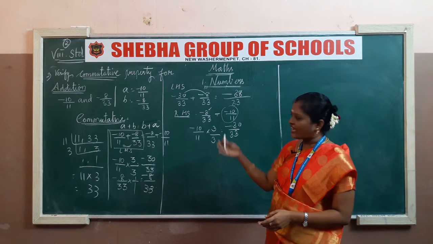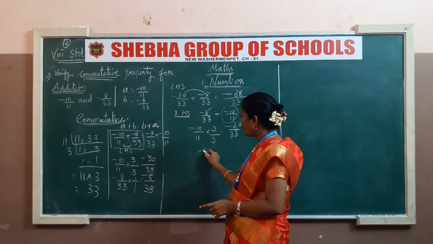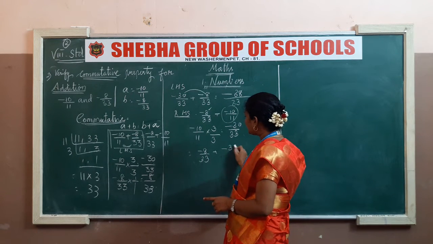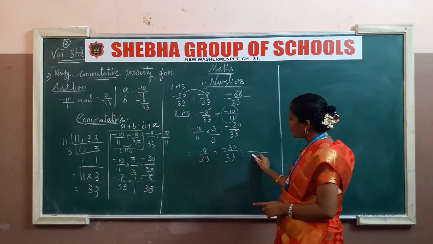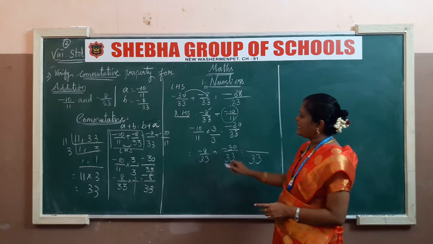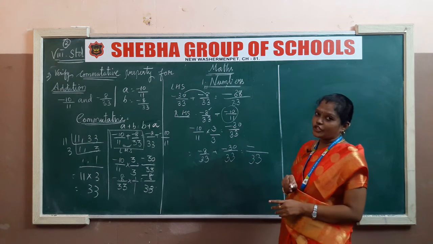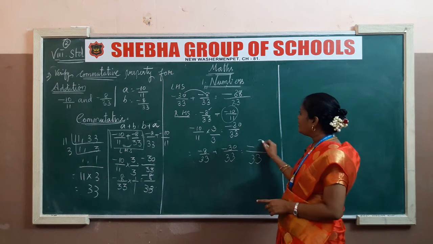Right hand side. Shall we check whether the number comes equal with the left hand number? Come on, let's check it. Minus 8 by 33 plus minus 30 by 33. Let's take the denominator's common factor. It comes 33. When minus and minus come, we put the minus symbol and, very good, add the numbers. 30 plus 8, 38.